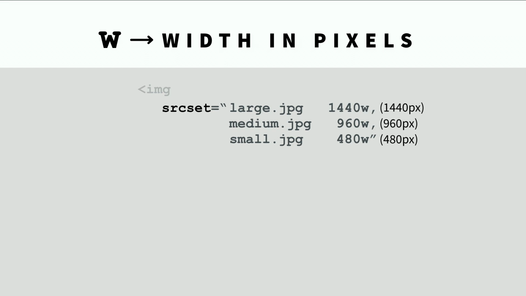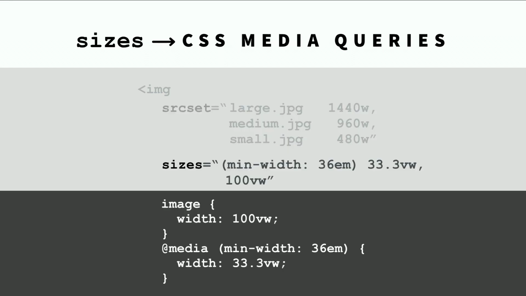We can tell the browser, before it starts downloading the image, what the pixels are. It's the w, which is the translation of pixels for the browser. So before the browser starts getting an image, it knows the dimensions of each of them. And then we have the sizes.